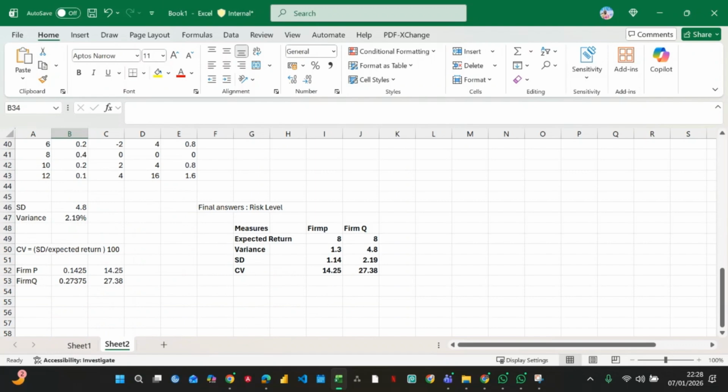If you don't do this one, it will be very difficult for you to do the other. So that was the answer for that question, and you have determined that company Q is actually more risky. That's all.